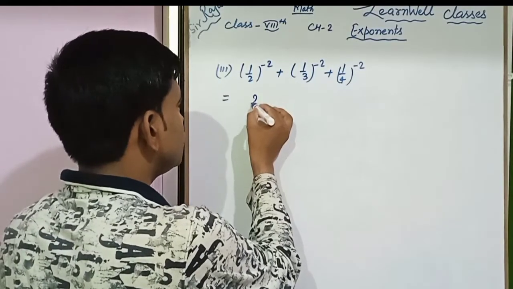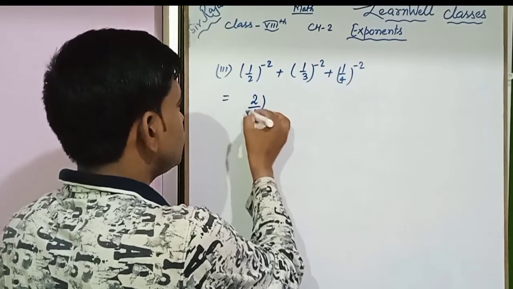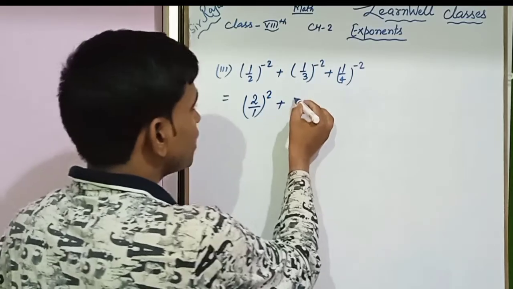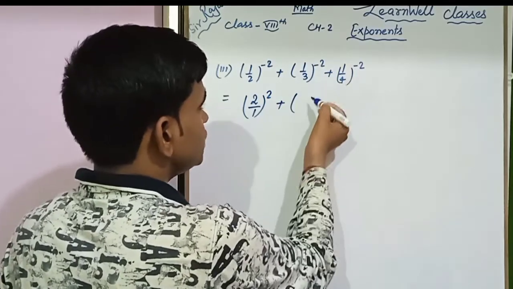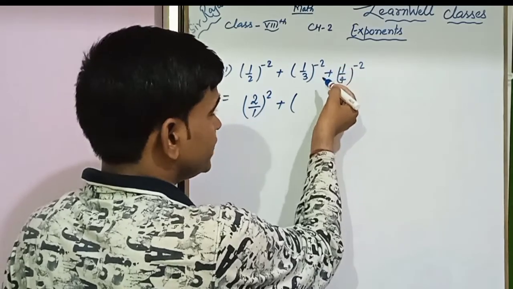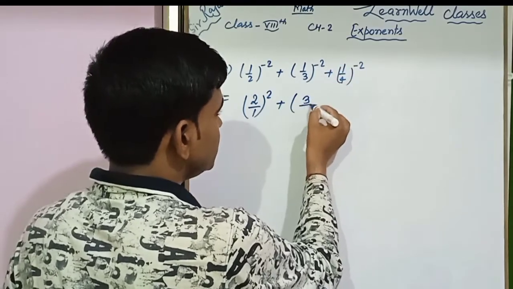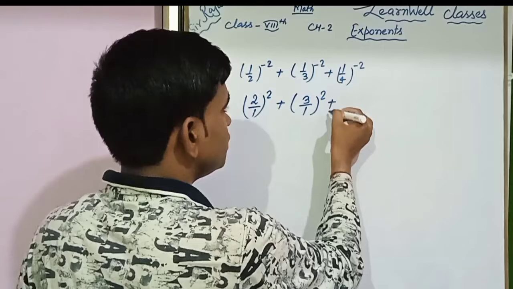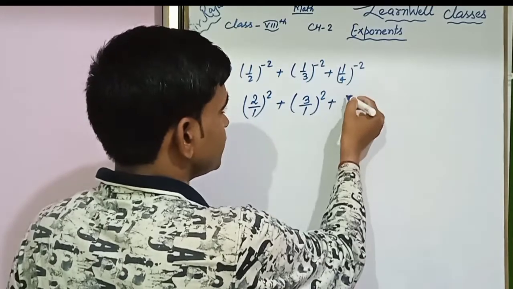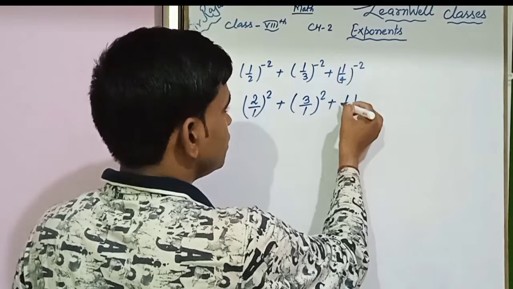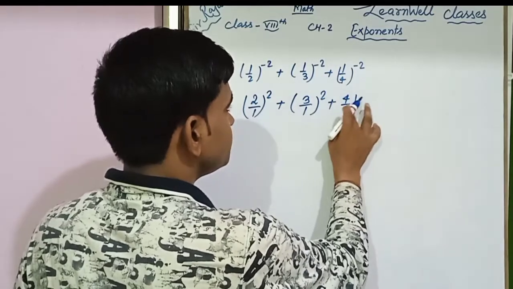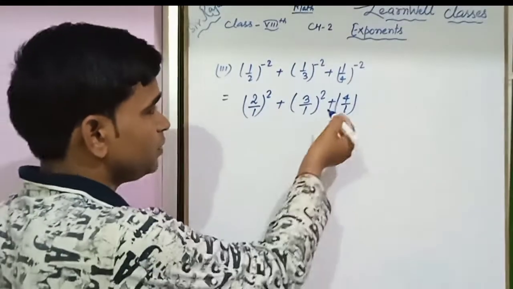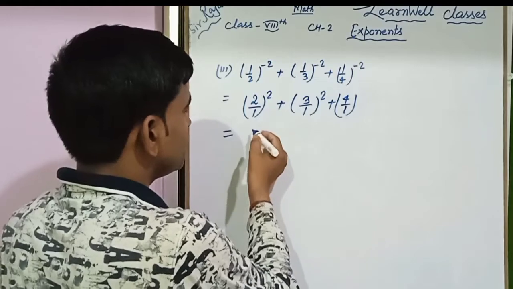So it will be 2 upon 1 raised to the power 2, and plus, the exponent is also negative, so it will also be changed into reciprocal form: 3 upon 1 raised to the power 2, and 4 upon 1, because the exponent is minus.